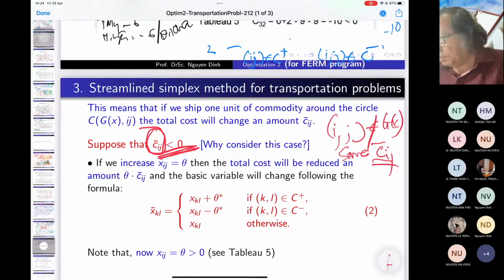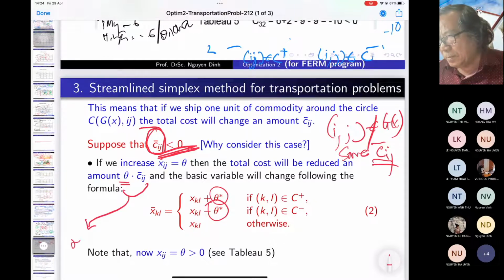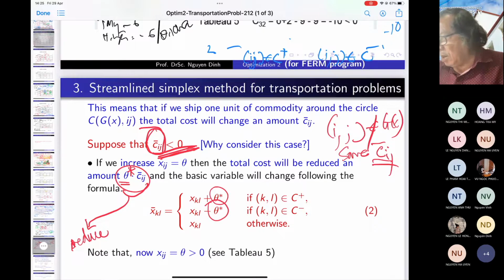And so we try to move as much as possible, and as much as possible means like this. If you move the amount theta, then the cost will reduce by that.